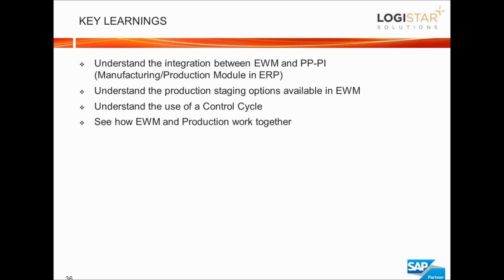We thought this webinar was important for folks doing manufacturing operations, because we tend to get lost in thinking EWM is just four walls warehouse control and that's it. You tend to get lost in just distribution, but it can obviously accommodate manufacturing and production environments as well.